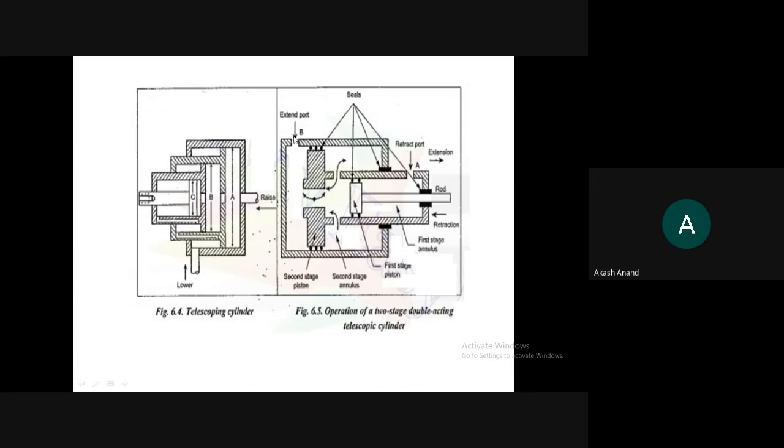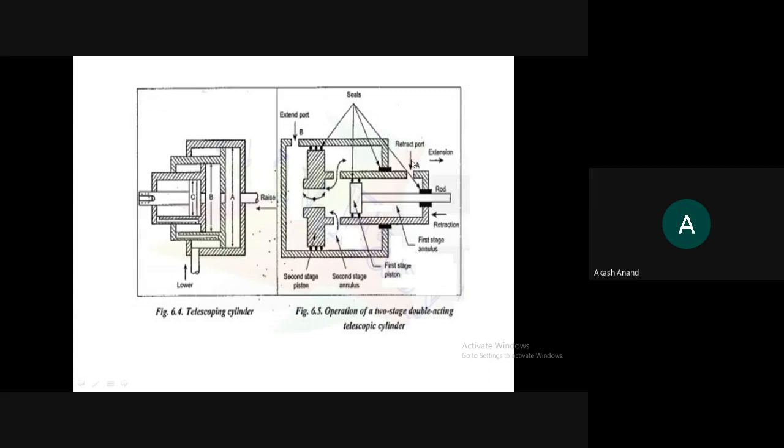But if the pressure is less than that value, the stage 1 piston will move. If I was initially inletting fluid pressure of around 300, then only piston one will move outward. So if I want to move the second stage also, I will increase the pressure to a value higher than the initial value of the second stage piston.